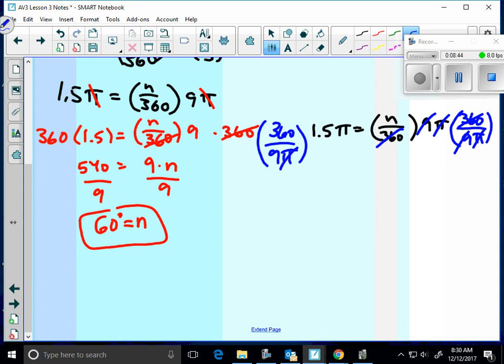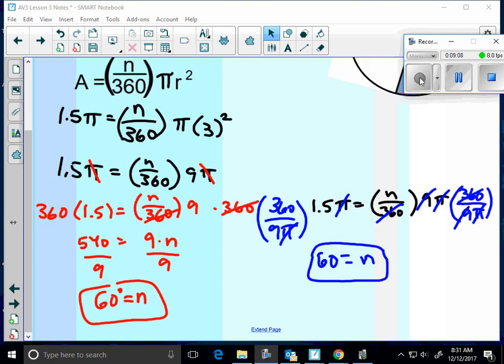Well, the pi's would cancel over here. 360 times 1.5 is 540, and then divided by 9 would be 60. So there is a way to do it all in one step. But your algebra has to be good. If your algebra is moving like pond water, then you might have issues, right? If it's not moving, if it's not quality, then you're going to have problems.